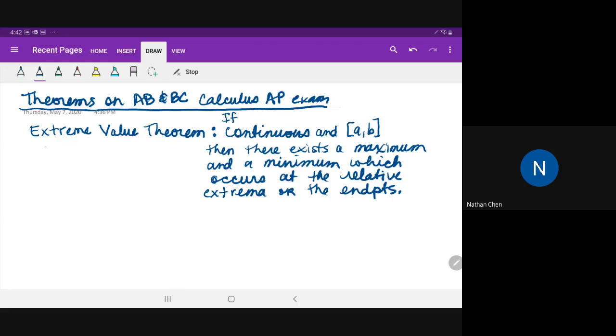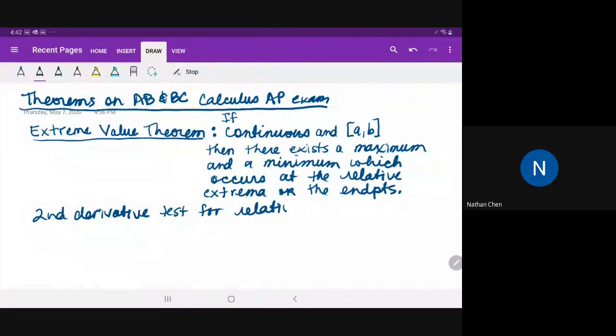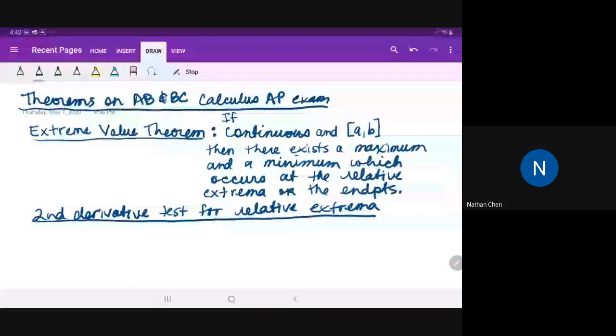Okay. There's also, I don't really think of it as a theorem, but it's kind of in the theorem section. It's called the second derivative test. It's not really a theorem, but second derivative test for relative extrema. It's just one that we don't use very much, but it comes up on the AP test.